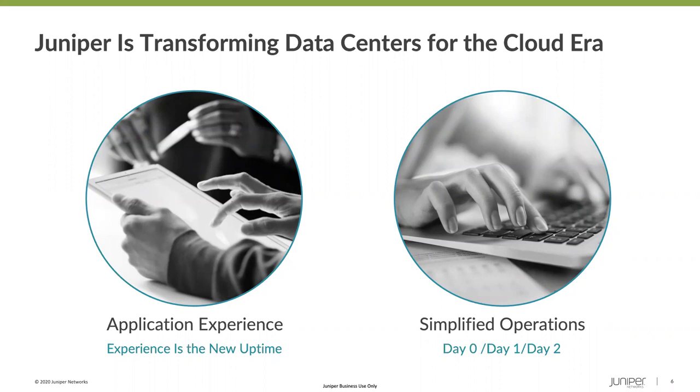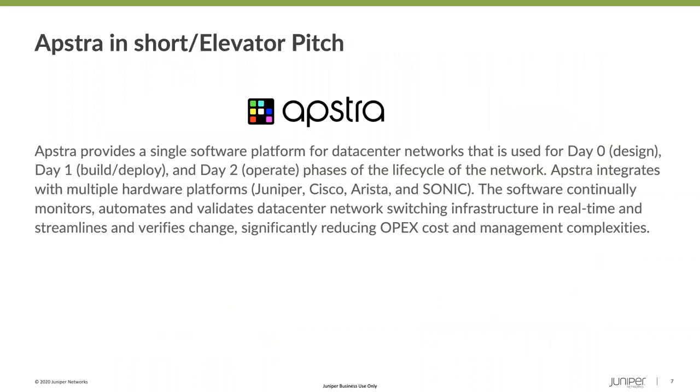And one thing, maybe a takeaway, is this is in short what Apstra is all about. Because I know some people might ask you, what is Apstra then? And this is kind of an elevator pitch. So what it is, it's a software that provides day 0, day 1, day 2 operations for data center networks. And it also includes all the life cycles of the network.